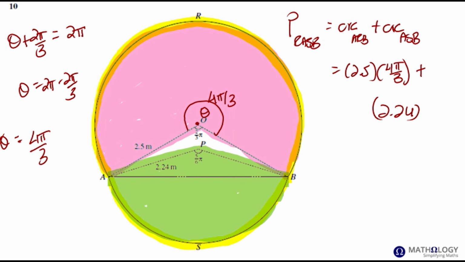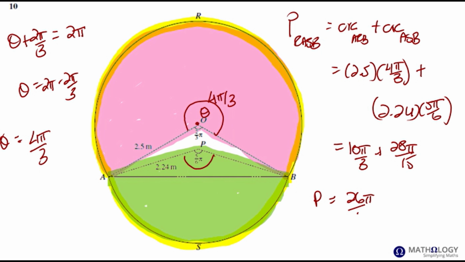The arc angle is this angle here, which is 5 pi by 6. So the perimeter of RASB is 26 pi by 5, which is 16.34 meters approximately.